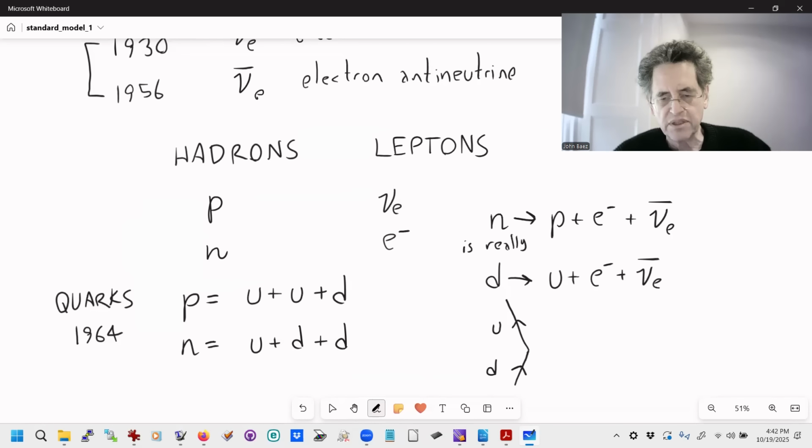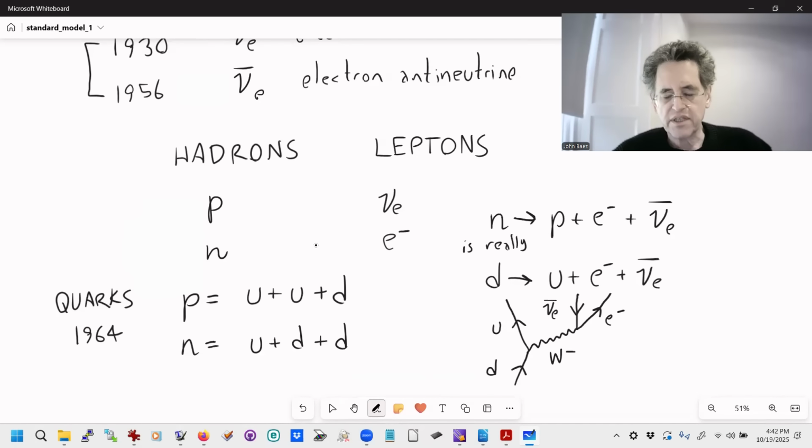What in fact happens is that it emits a different particle called a W boson, called a W minus, in fact. It has charge -1. And that then turns into the electron and the antineutrino. And I'll draw the antineutrino as a downwards pointing arrow because it's an anti-particle.